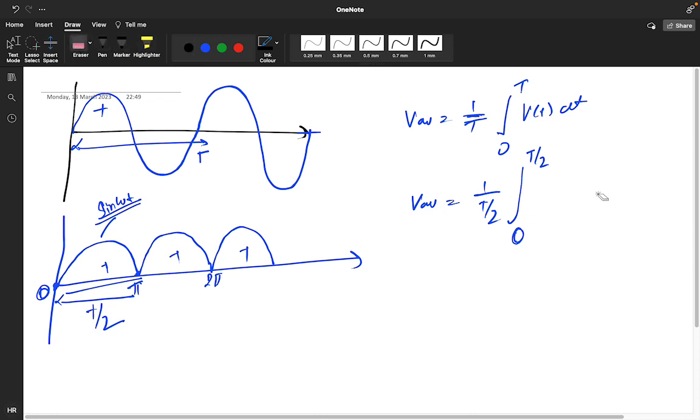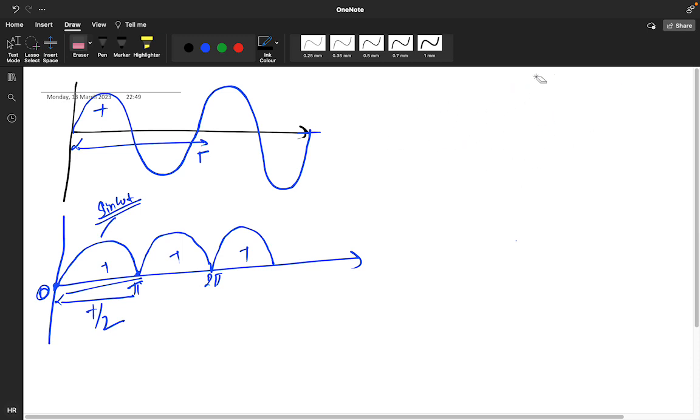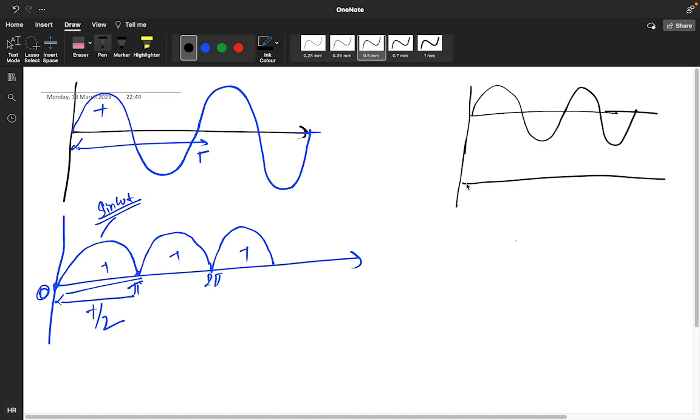Let me show you some pretty good example, means how we are getting this curve. Okay, if we have a sine curve like this, and if we have a cosine curve like this, no, we'll not get the result like this.